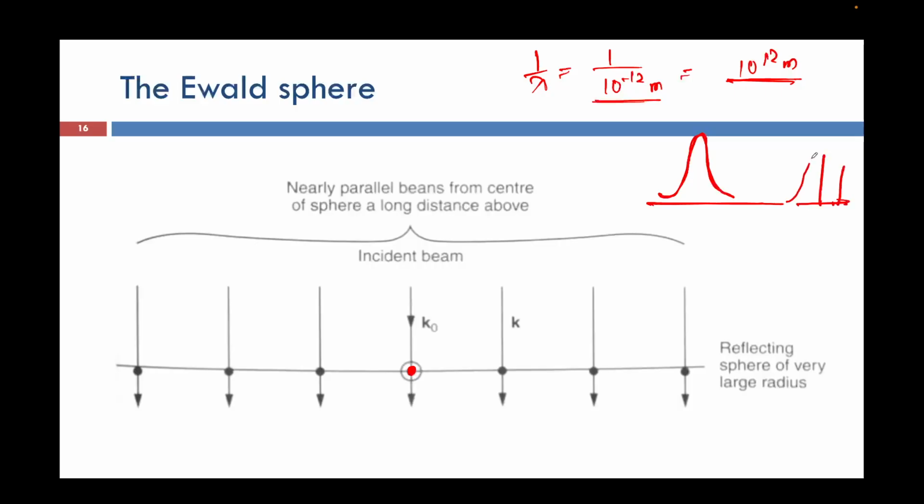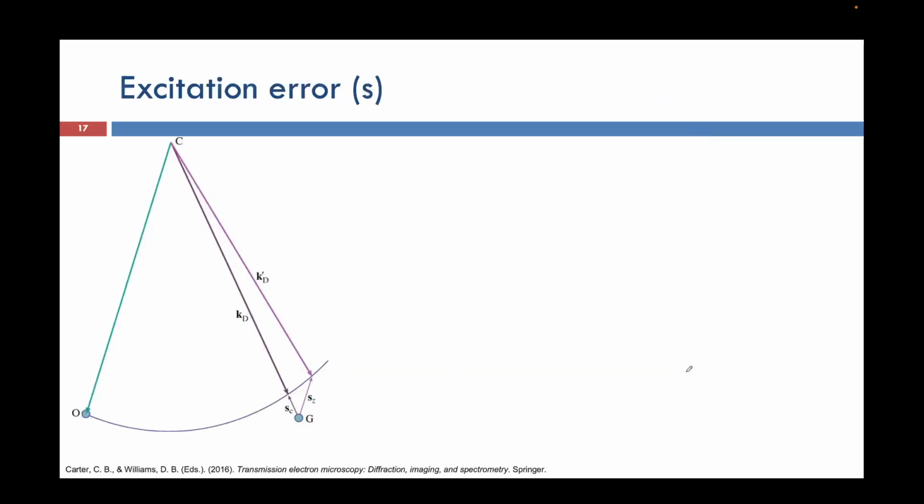So even if these points are not exactly on the surface of the Ewald sphere, they still contribute to the diffraction. When they are not exactly on the Ewald sphere, there will always be some amount of error associated with it, which is called S, the excitation error, or the deviation parameter.